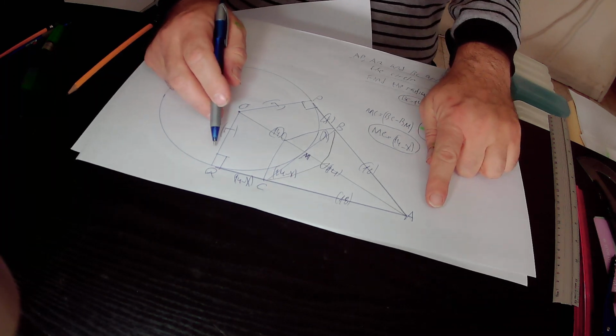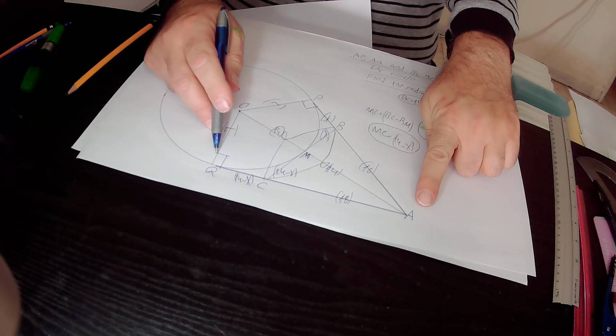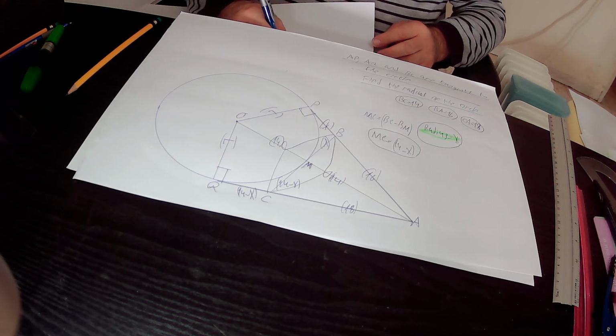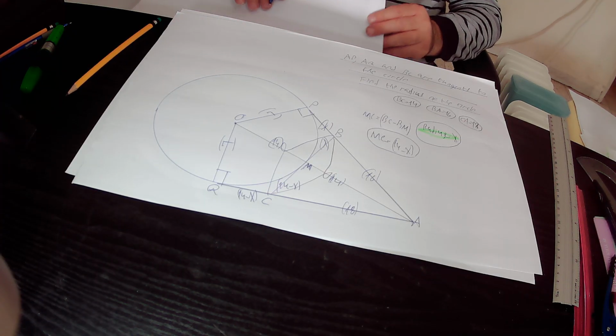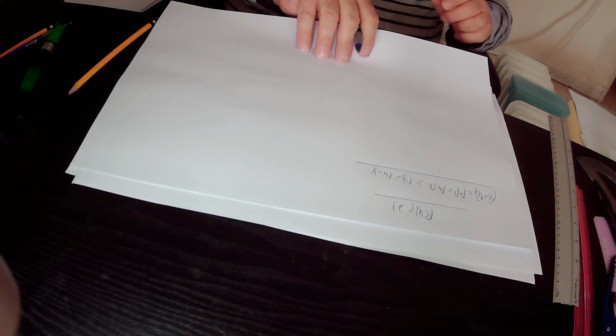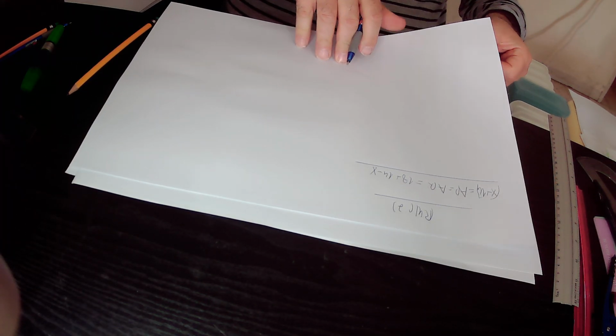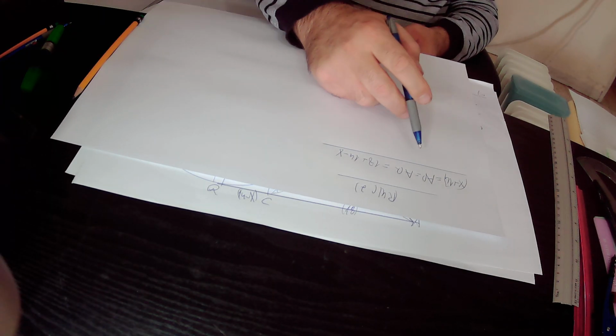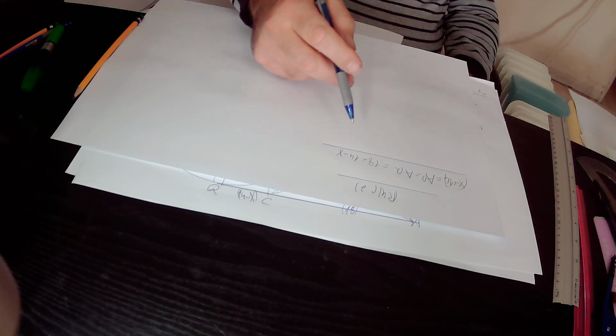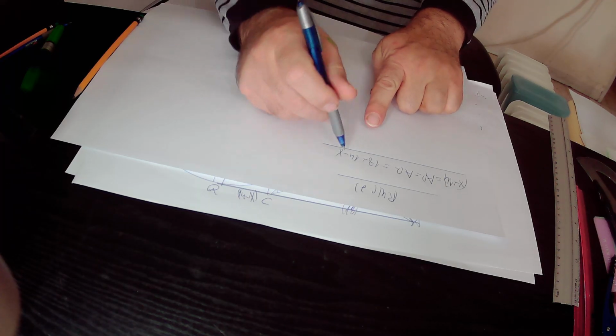AQ in total equals 18 plus 14 minus x. So we know that x plus 16 equals AP equals AQ equals 18 plus 14 minus x.